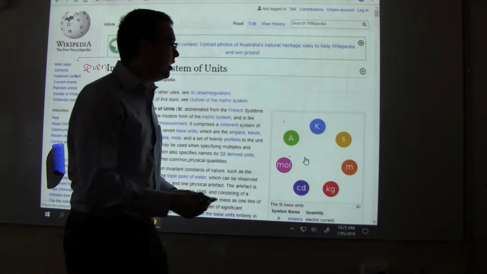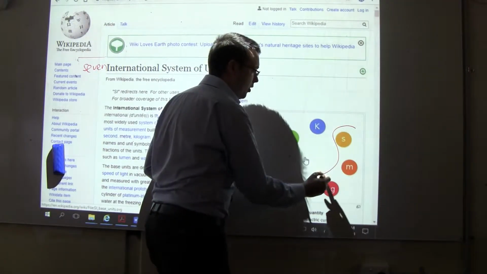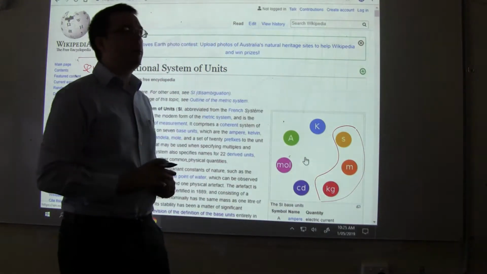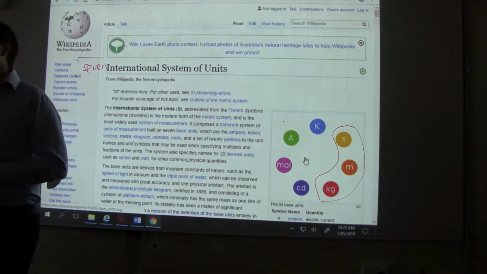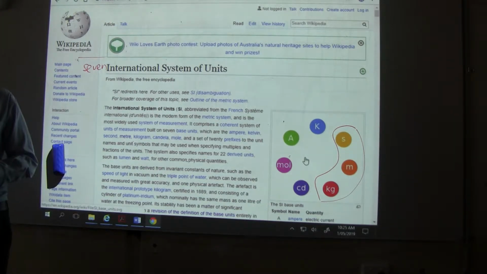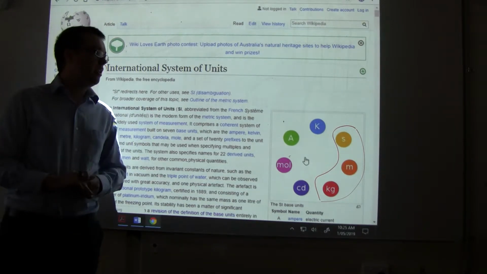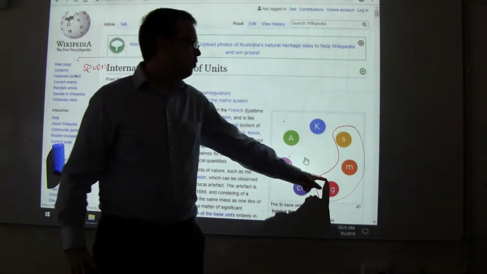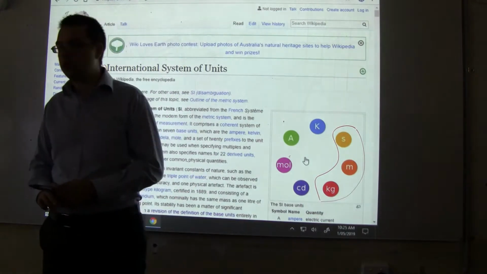We're only interested in these 3 here, at least for this part of the course. Eventually we'll talk about amps. We do also talk about K, which is for temperature. We'll talk about that in a second. So the main ones that we're interested in the world of engineering are the kilogram, the meter, and the second, which we'll talk about in a second.